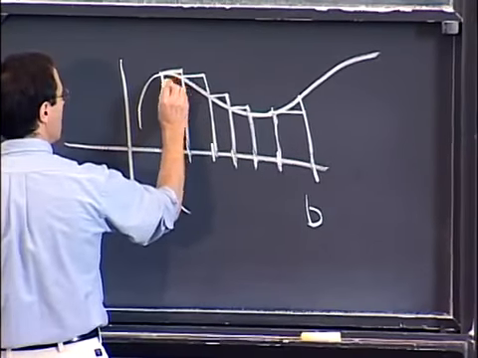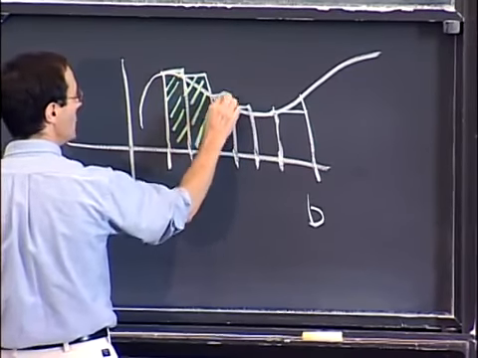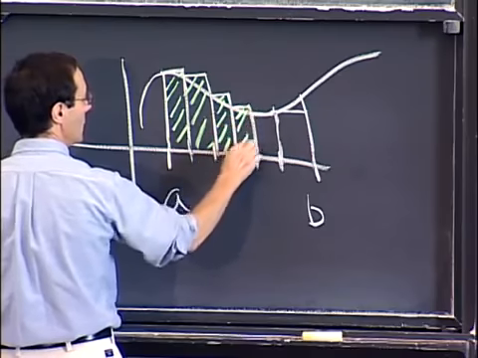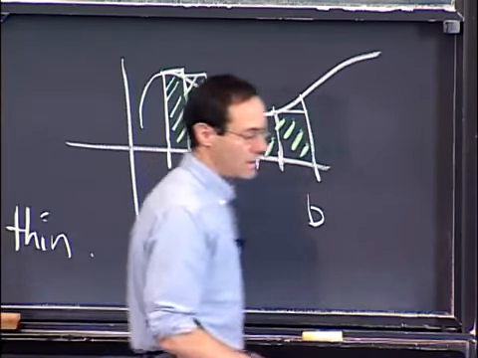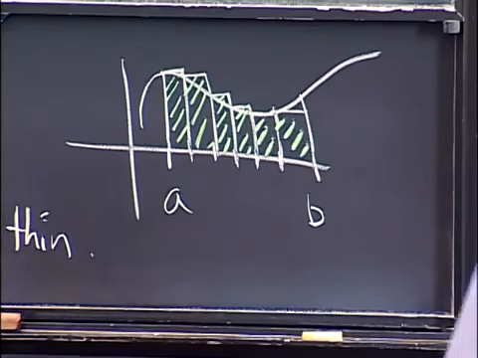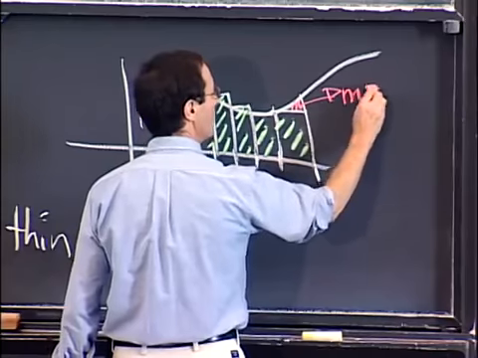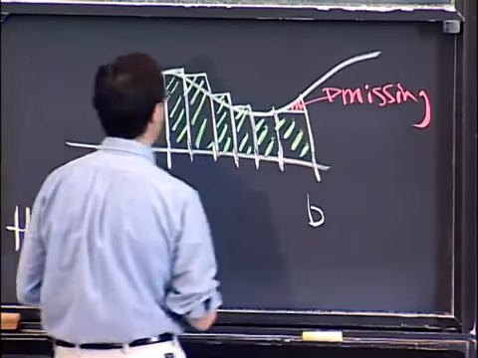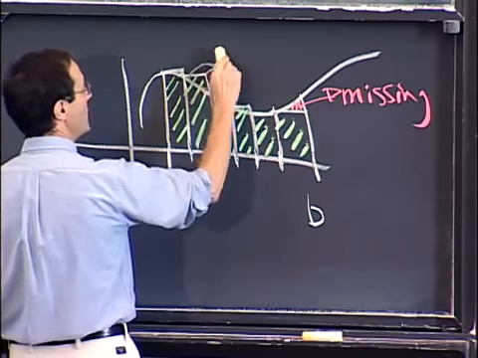It's this region here, but it includes these extra bits here. And then it's missing this little guy here. This little bit there is missing. And as I say, these little pieces up here, this little bit up here is extra.